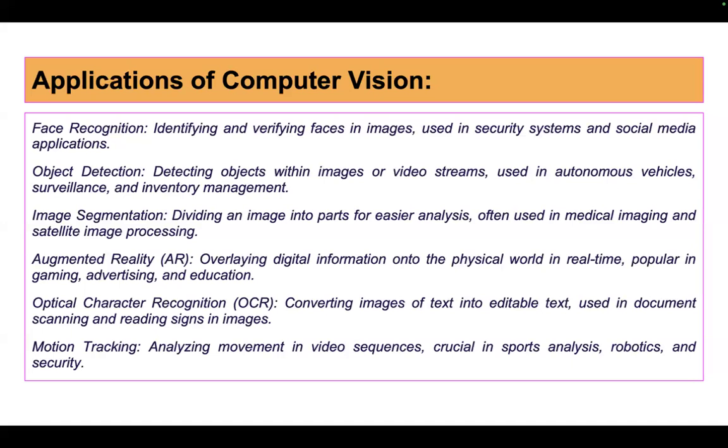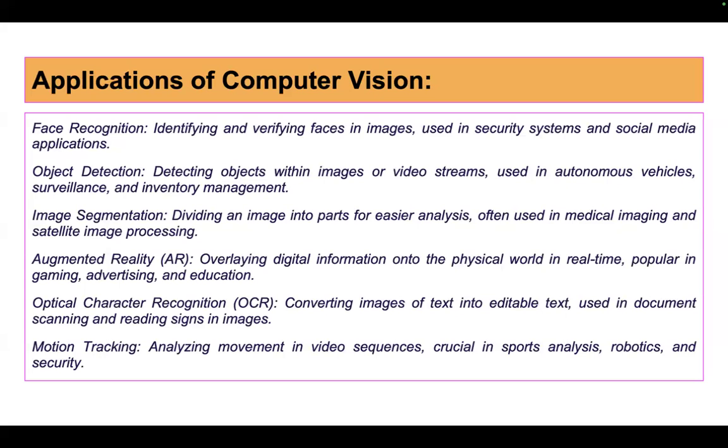Then augmented reality. Augmented reality means AR, overlaying digital information onto the physical world in real time. Today's generations like playing games through AR, right? We can even go for advertising, and in education also you can study history through some AR based digital book. Okay. OCR means optical character recognition.